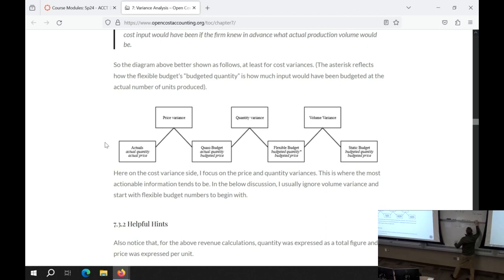Let's make it nice and easy, and call it $10 per hour. Nice, easy 30,000. Nice, easy 20,000. And so that was our volume variance, right? So 10K was our volume variance.